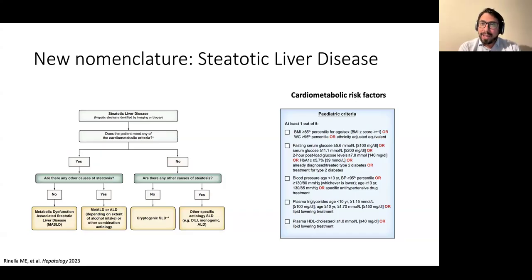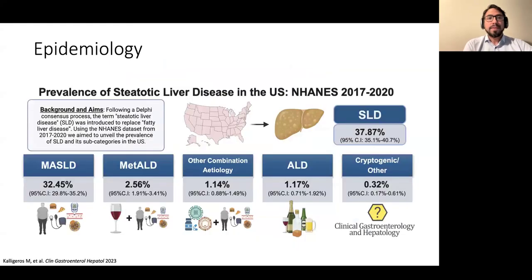And this is another caveat of the definition, because we can speak about MASLD even if we only have a mild increase in waist circumference or BMI, or a mild elevation of triglycerides. So probably this is important to have a sensitive definition of MASLD, but unfortunately it can make it difficult to identify other steatotic liver disease subtypes.